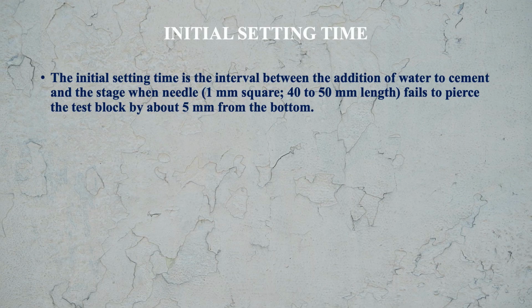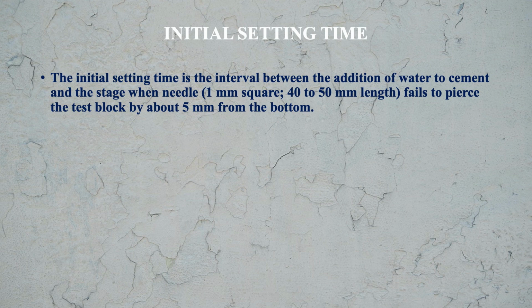The initial setting time is the interval between the addition of water to cement and the stage when the needle, which is 1 mm square and 40 to 50 mm long, fails to pierce the test block by about 5 mm from the bottom. Then we say that this is the initial setting time.